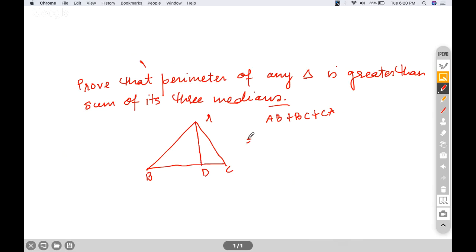So try to understand here. Sum of the two sides would be greater than the third side. So in triangle ADB, AB plus BD is greater than AD.